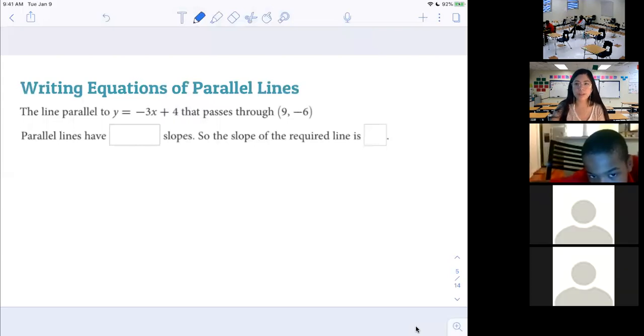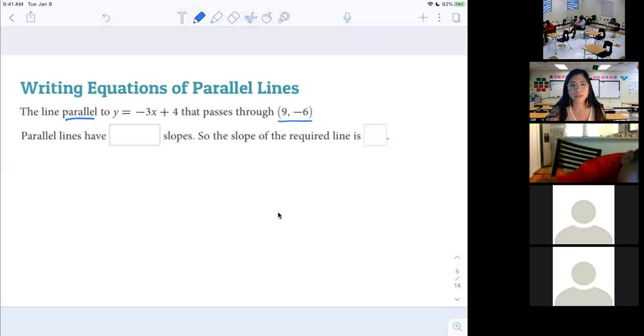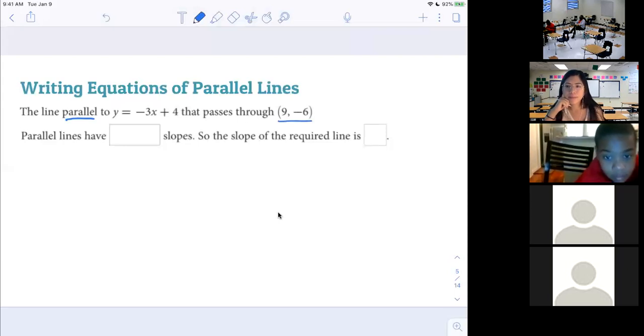And we have 2 pieces of information. We know that it has to be parallel to y equals negative 3x plus 4, and it has to pass through (9, -6). So let's fill in some blanks here. Parallel lines have what slopes? What's the relationship between the slopes of parallel lines?